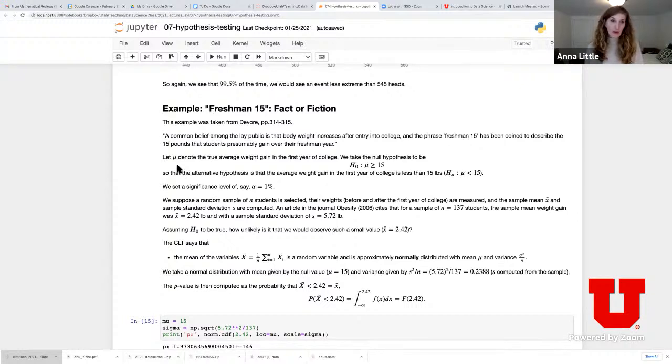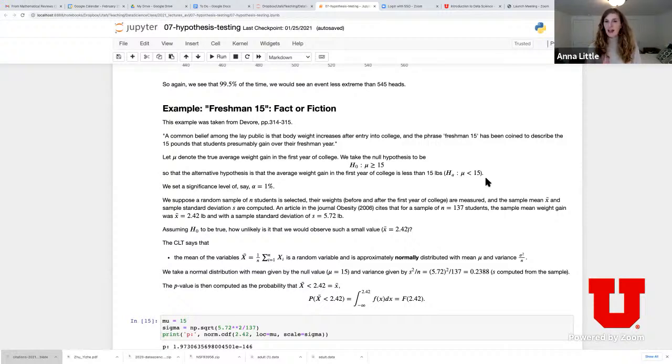So let's let mu denote average weight gain in the first year of college. And we'll take the null hypothesis to be that mu is greater than or equal to 15. The alternate hypothesis here is mu less than 15.